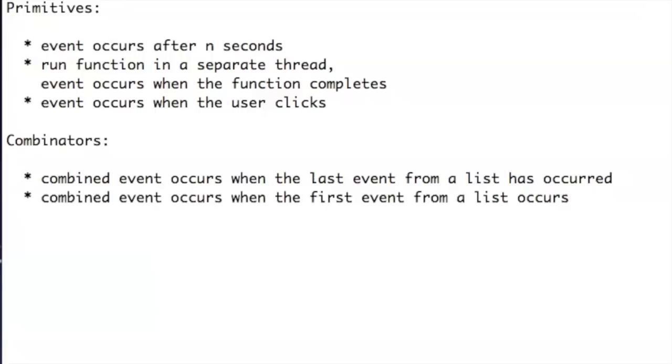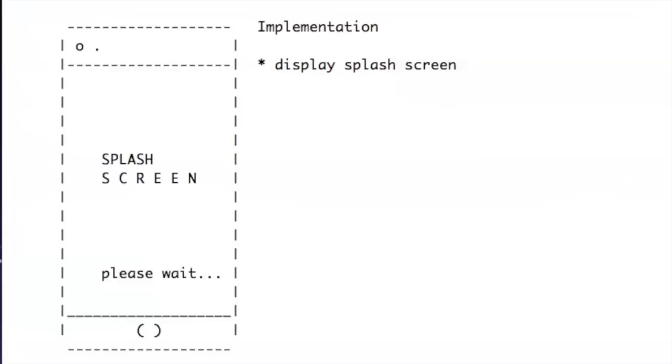And similarly, I have another combinator, which is the opposite. I want it to occur when the first such event occurs. And it doesn't matter if any of the other events in the list occur after that. The combined event has already occurred at that point. All right, so it might not be obvious why I picked those particular combinators, but they work fine.